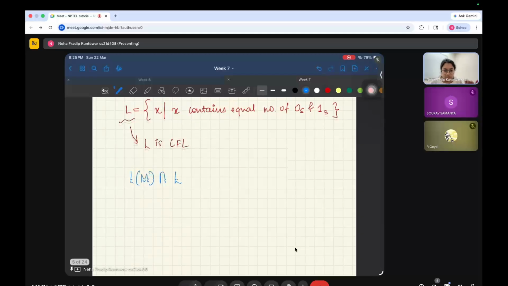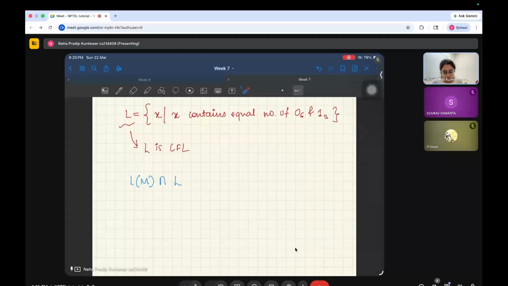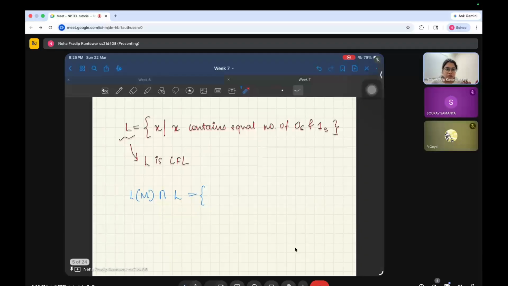Say the language recognized by M is 0 star 1 star, and I take its intersection with the language of equal numbers of zeros and ones. That would be 0 to the power n, 1 to the power n, which is context free. In other words, it filters out those strings from the language of M which contain an equal number of zeros and ones.